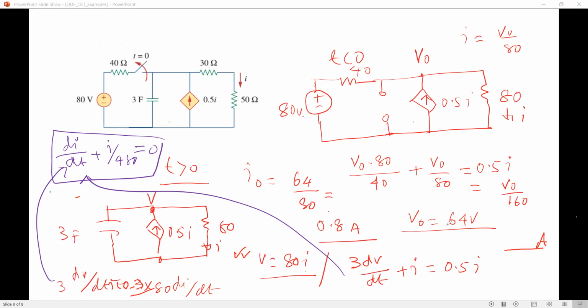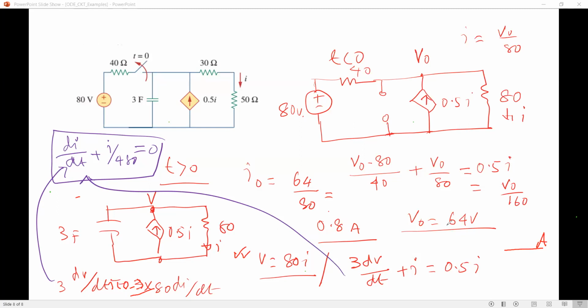Then you have to find the current I for time t greater than 0. Our first thing is what we have to find, because that current I after opening the switch will follow a differential equation because we have a capacitor there.